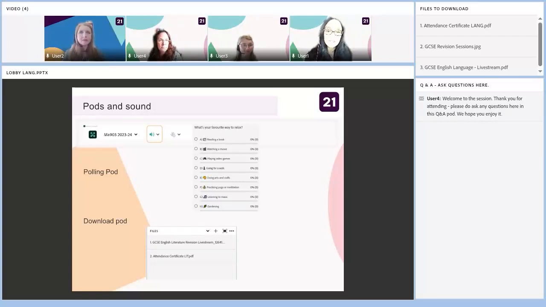Additionally, there is a certificate for you to download as you have attended the session. During the session, we will also be using some poll questions, so please do participate in those. The polls are anonymous and only we can see your responses. You can see an example of the poll pod just in the centre of the screen there.